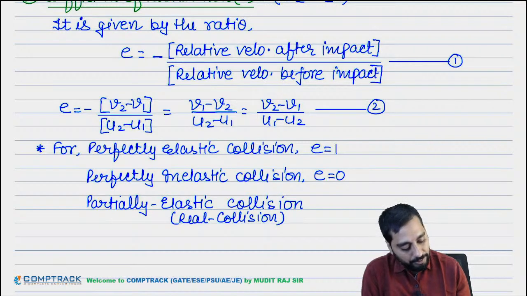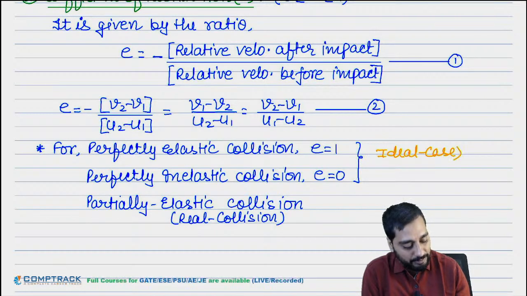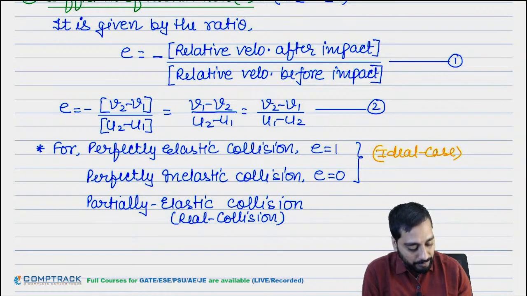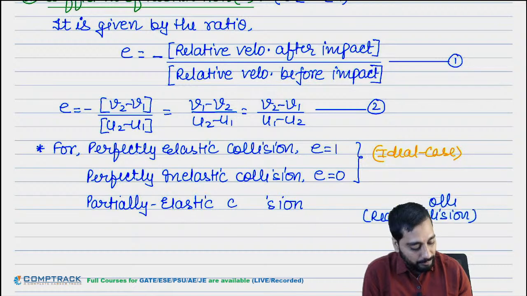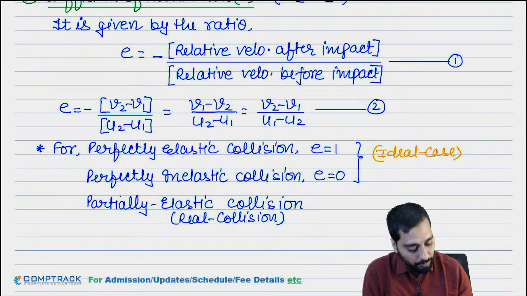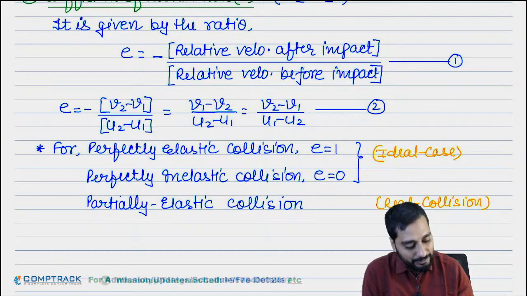These two are not real collisions, these are ideal cases. Perfectly elastic and inelastic, no body is like that. Actually, all bodies are real bodies, so these will be your partially elastic or inelastic collision.